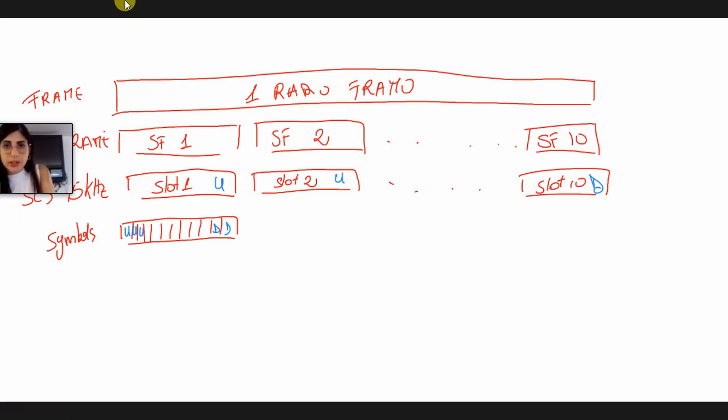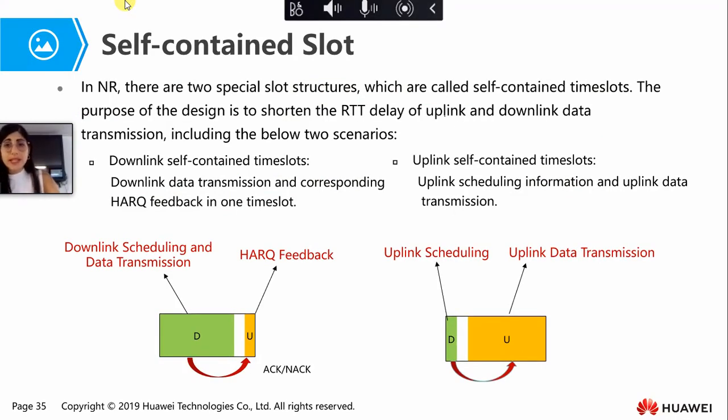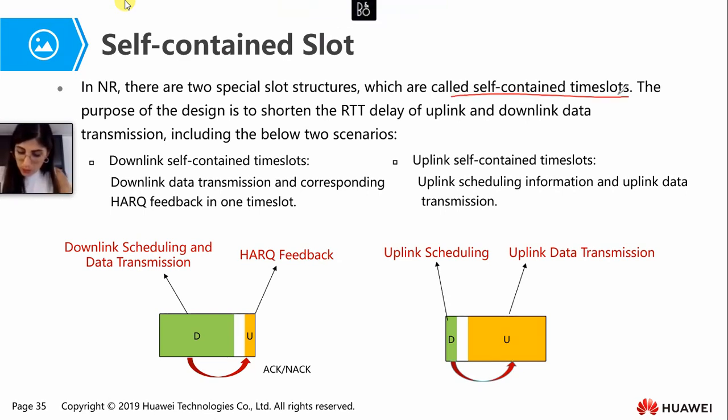So what happens, I'm going to share the screen so we can see our presentation. What we have is two special slot structures, and these are called self-contained slots. We have the downlink self-contained slot and the uplink self-contained slot. In the downlink self-contained slot, the dominant symbols are the downlink symbols. So we have, for example, 14 symbols.